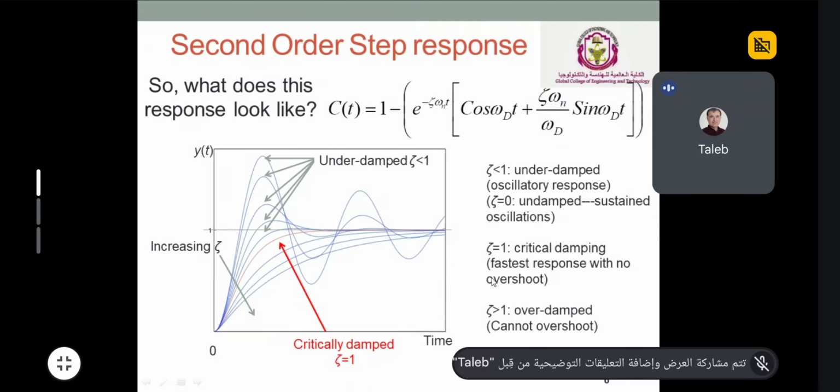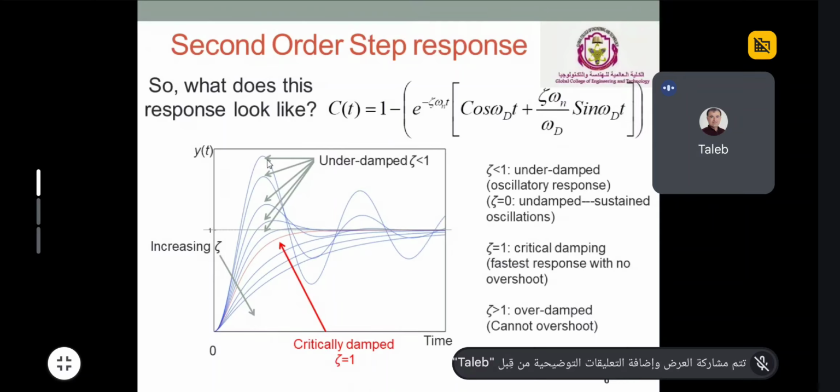So this is one criterion that we can apply for designing a controller: how fast the control should be. If the control needs to be very fast, then zeta should be a small number. You see here, this goes up very fast, but it has some overshoot over the value of the input, which is not good.